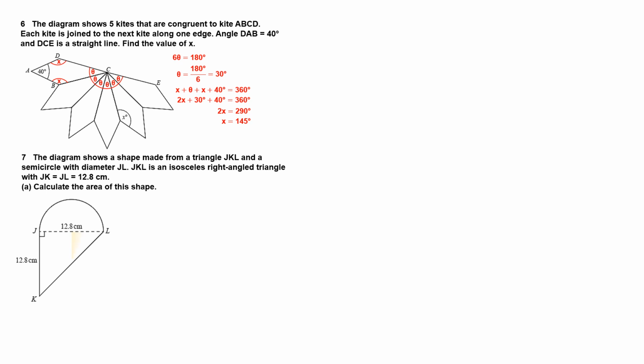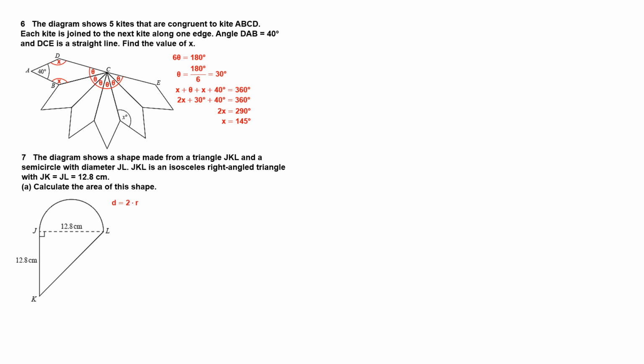This exercise asks you to calculate the area of a shape made up of an isosceles right triangle and a semicircle. You will first calculate the area of the triangle and then the area of the semicircle, adding both areas together for the total.